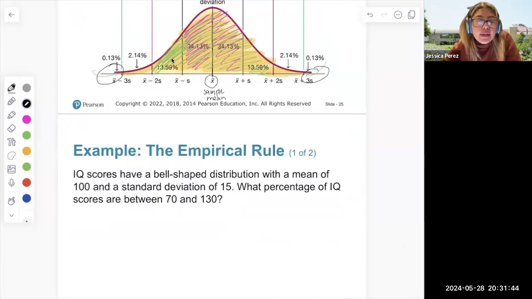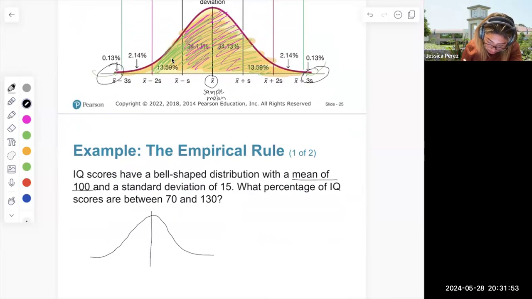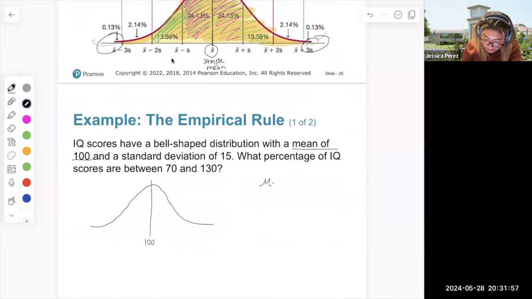It says IQ scores have a bell-shaped distribution, so they're already telling us it's normal, with a mean of 100. My mean is 100, and the standard deviation is 15, and I have the values 70 and 130.